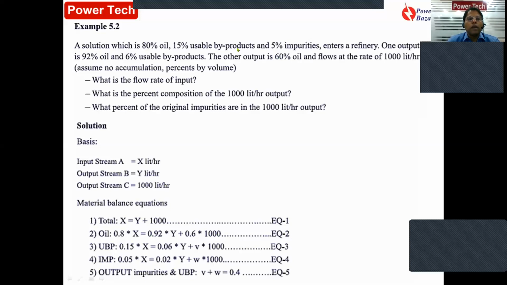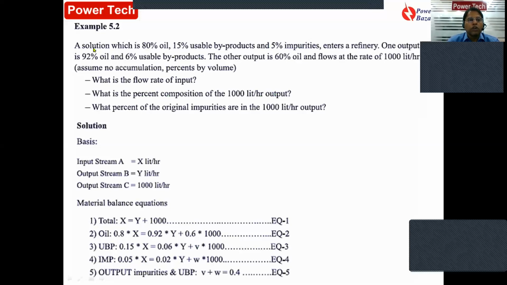Similarly, for usable byproduct, which is 15%: 0.15 times x is equal to 0.06 times y plus v times 1000. Since I don't know the percentage composition of the 1000 liter per hour output, I consider another unknown variable v. Similarly, for impurities, which is 5%: 0.05 times x is equal to 0.02 times y plus w times 1000. Why 0.02?